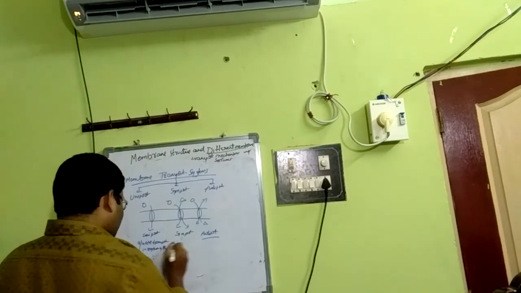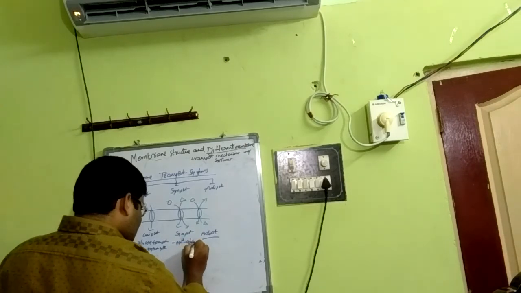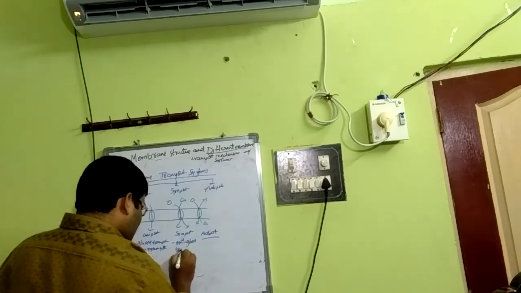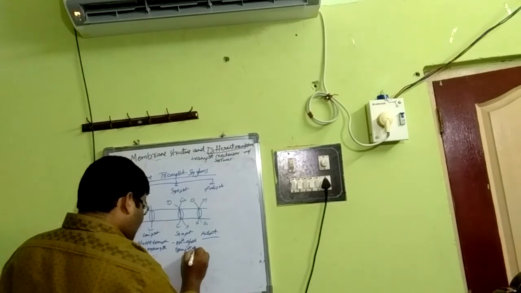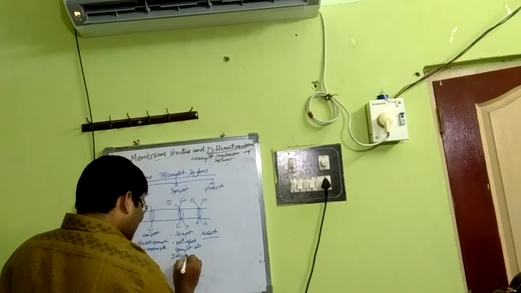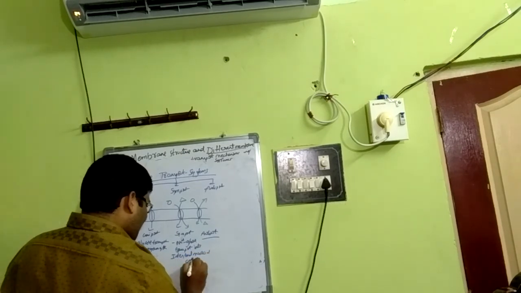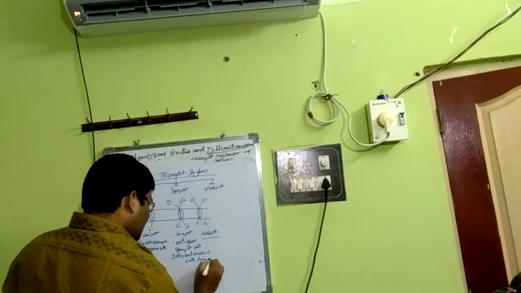Then this is most important: sodium and glucose transport into intestinal mucosal cells from the gut.